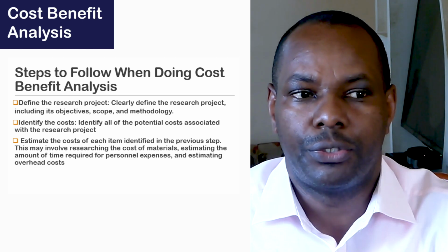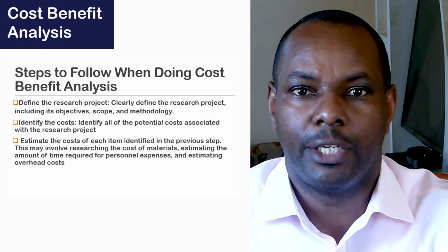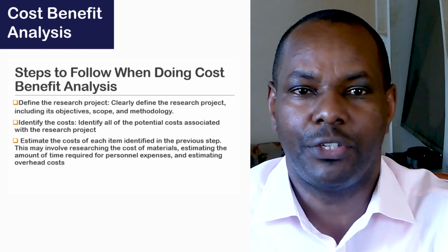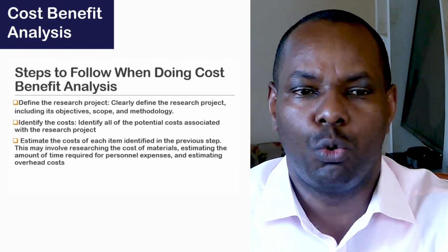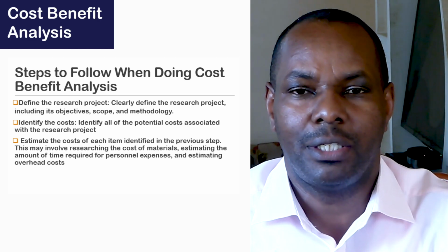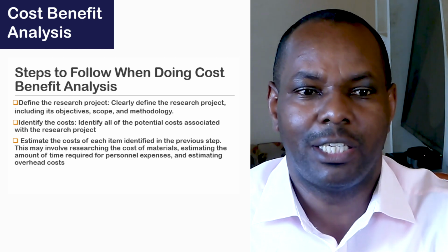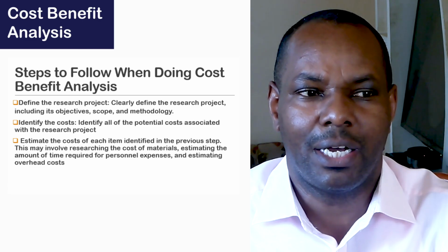You need also to estimate the cost of each item. It means that you need to keep a book of accounts. You need to have, for instance, an accountant who is keeping a good record of all the items that are acquired, all the cost elements in that research, including labor cost, all items that are purchased, and any other cost element.